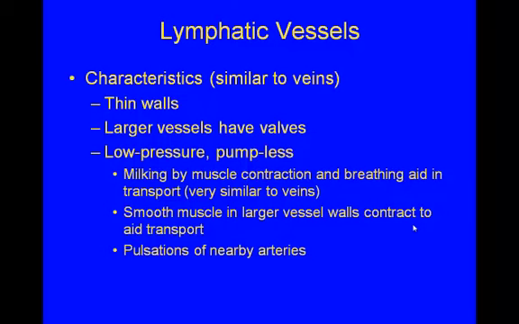All right, these lymphatic vessels are very similar to veins. Not at all like arteries, but similar to veins in the fact that they have thin walls. Their larger vessels are going to have valves, just like veins did, and they're held under low pressure, and they have no pumps, so they use the same mechanisms as veins did to milk the lymph back up.